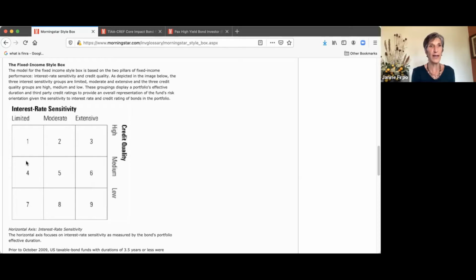In this particular case, what we're looking at in the horizontal is the interest rate sensitivity. How likely is this bond or this bond fund going to be affected, and by how much, if the interest rates fluctuate? So we have limited, moderate, and extensive, and these tend to refer to the term of the bond.